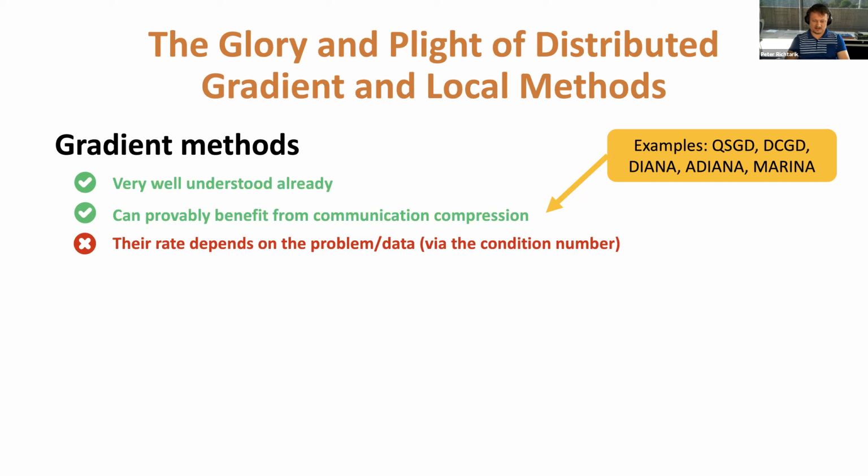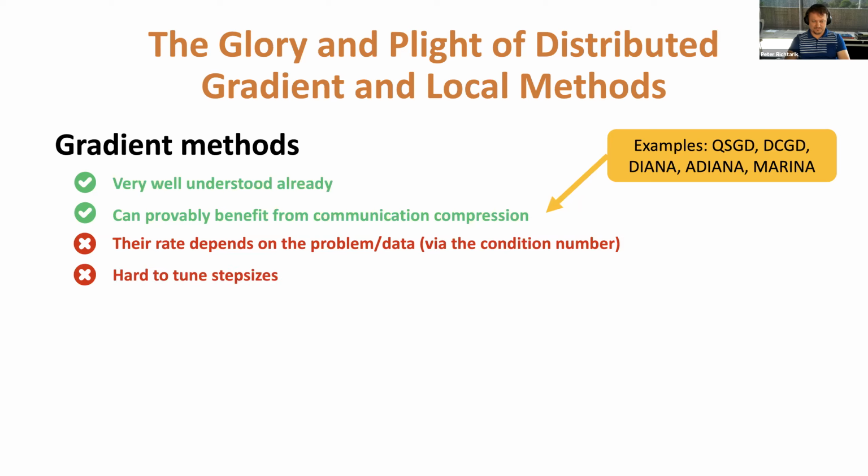If you're not using momentum or acceleration, then you have a worse dependence on the condition number, and so on and so forth. Mini batching improves the dependence on the condition number, importance sampling improves dependence on the condition number, and so on and so forth.